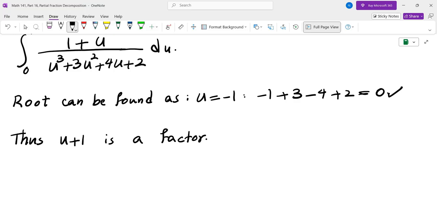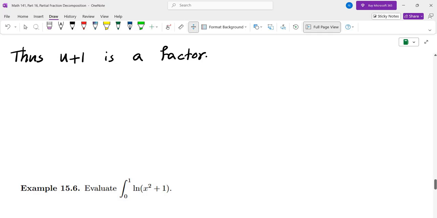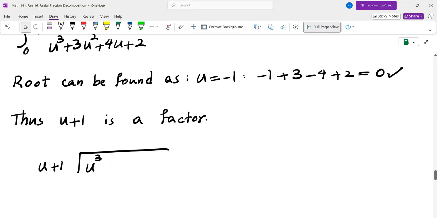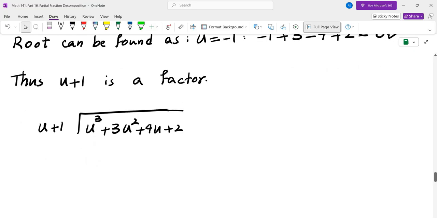So if u plus 1 is a factor, we can find the other factor by doing long division. So we take the denominator, which is u cubed plus 3u squared plus 4u plus 2, and divide by u plus 1. If you divide u cubed by u, you get u squared. So we get u cubed plus u squared.